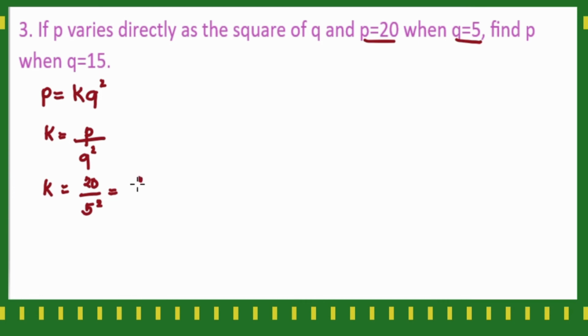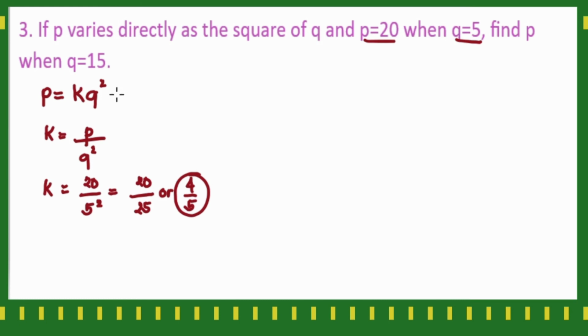So this is 20 over 5 times 5 is 25. Let's reduce it to lowest terms. This is 4 over 5. Divide it by 5. 20 by 5 is 4. 25 by 5 is 5. So the value of K is 4 over 5.